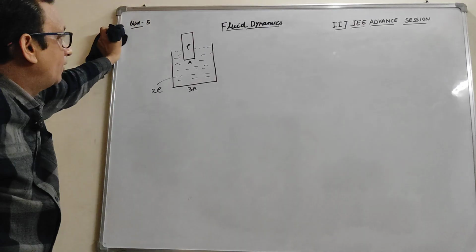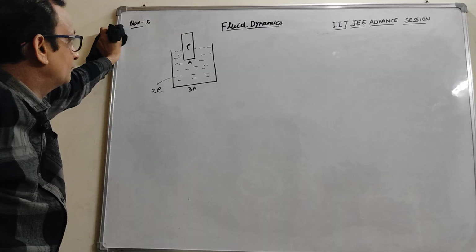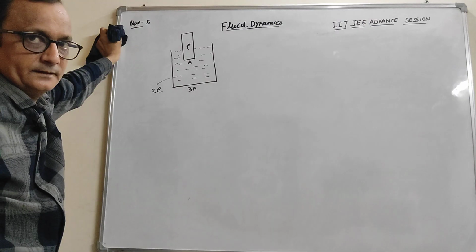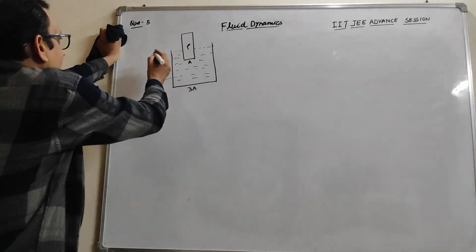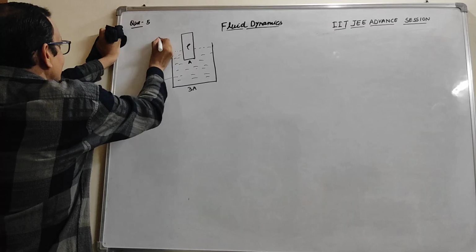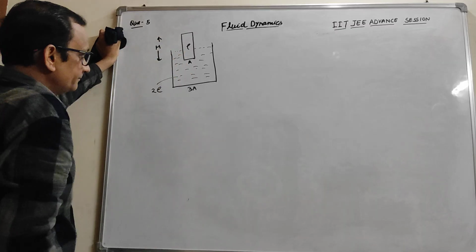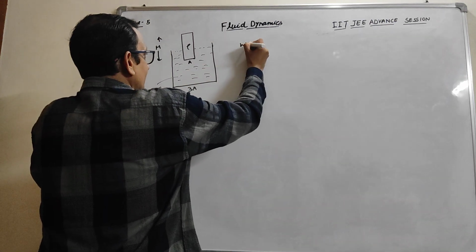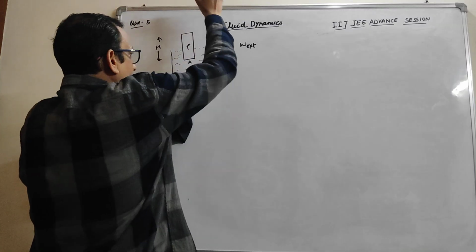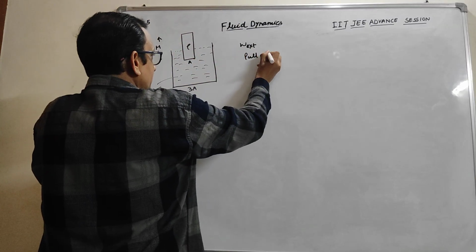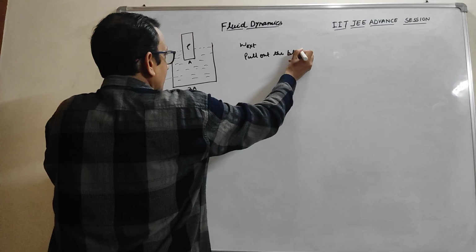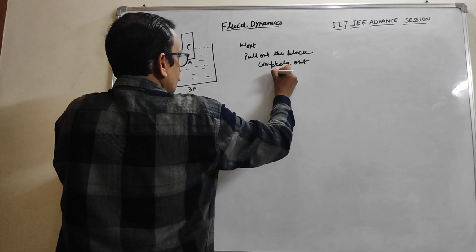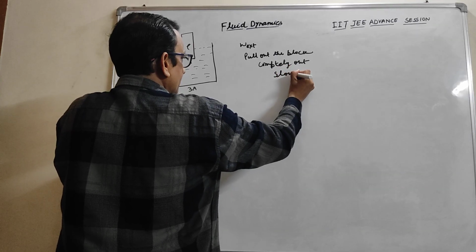As you know, if the density of the block is half the density of the liquid, then half of the block will be submerged. So if the height is h, then half would be submerged. But we have to calculate the work done by an external agent to pull the block completely out, slowly, very slowly.